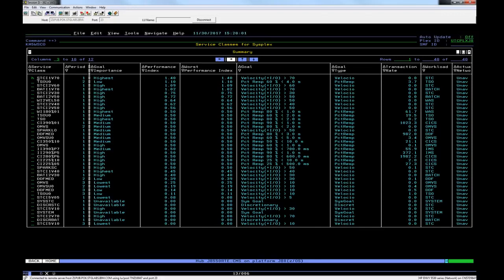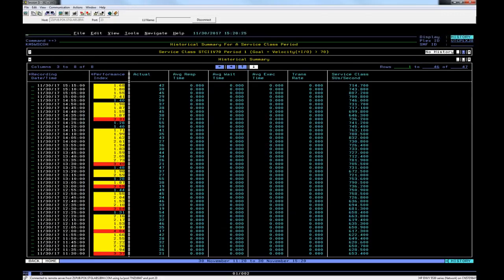So over the last 4 hours, this service class, we see that the performance index, there are warning indicators here saying that the performance index is exceeded. I believe the threshold is set at 1.4 for warning, and I believe it's probably 3 for critical.